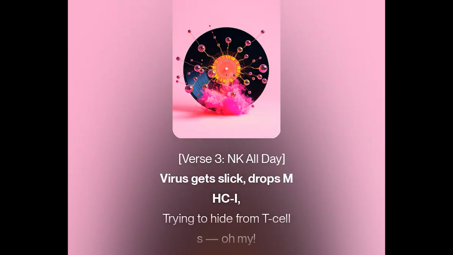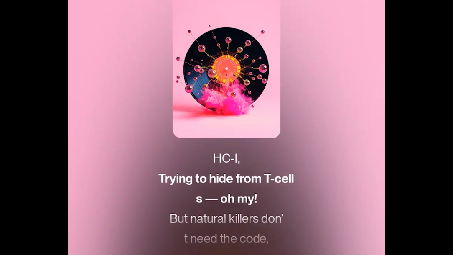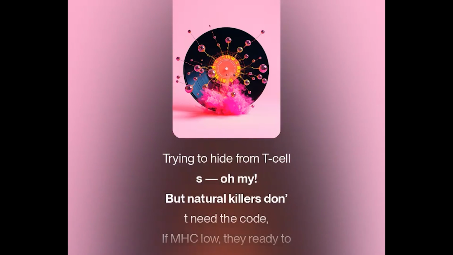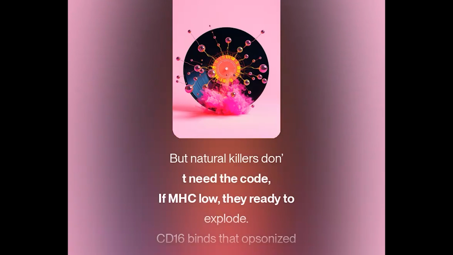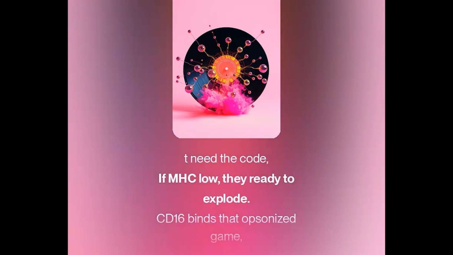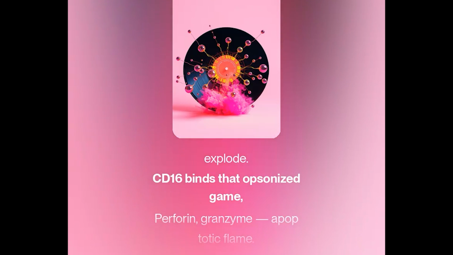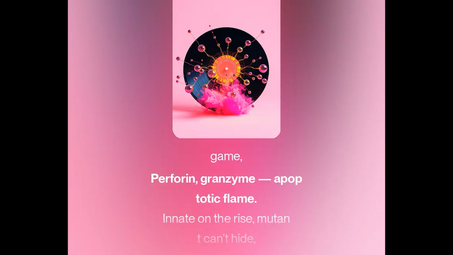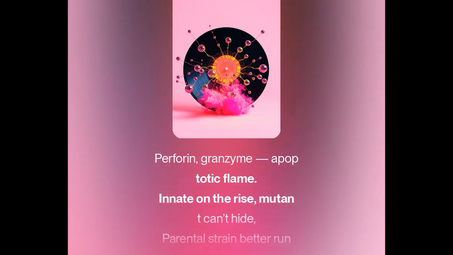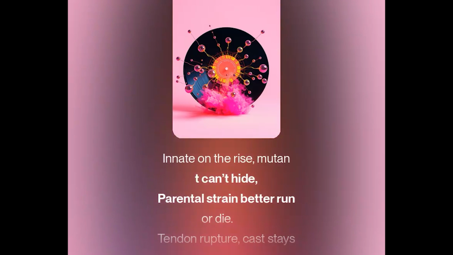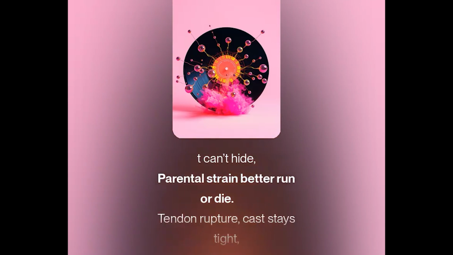Virus gets slick, drops MHC I. Tryna hide from T cells, oh my. But natural killers don't need the code. If MHC low, they ready to explode. CD16 binds that opsonize game. Perforin, granzyme, apoptotic flame. Innate on the rise, mutant can't hide. Parental strain, better run or die.